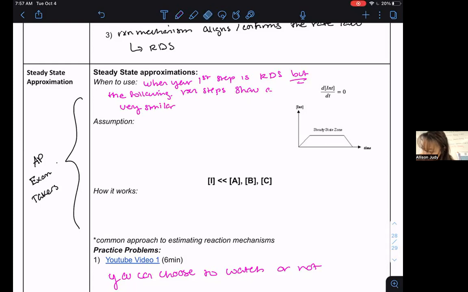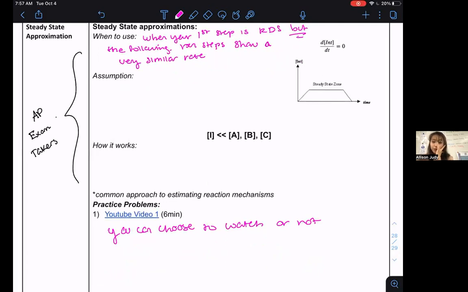Okay, they show a very similar rate. And so what we have to do is assume that there's a super low concentration of intermediate throughout the duration of the reaction.